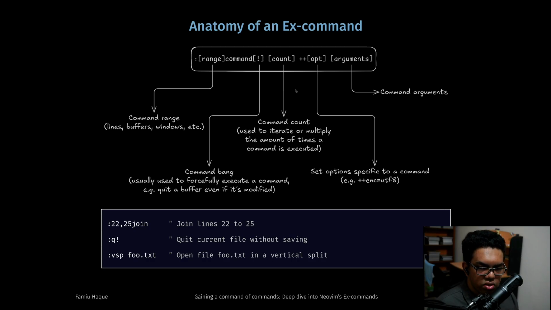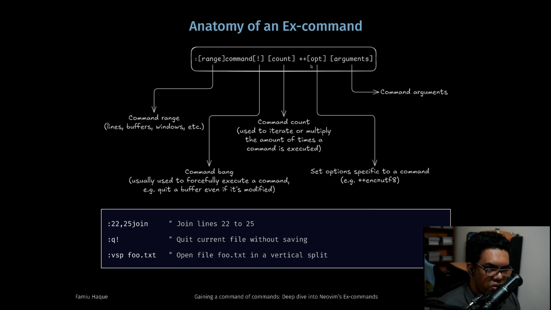And then you have the count. Some commands can take a count to repeat the command multiple times. So for example, let's take the join command. If you do join with a count of 5, it will repeat that command 5 times, which basically means joining 5 lines together.